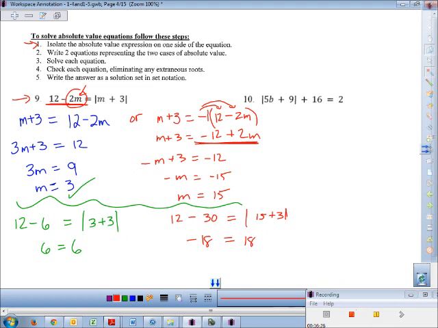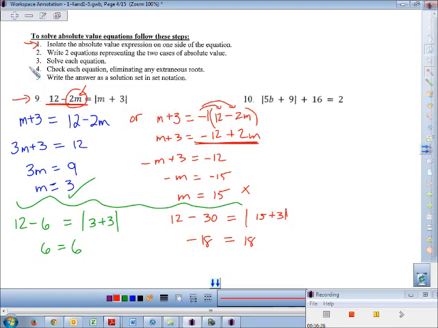Does -18 equal 18? No. So over here we put an X right there. That did not work. 15 worked when we set it up like this. We broke it out and said 15 would work algebraically in this situation, but it does not work back in the original equation. That is an extraneous root.